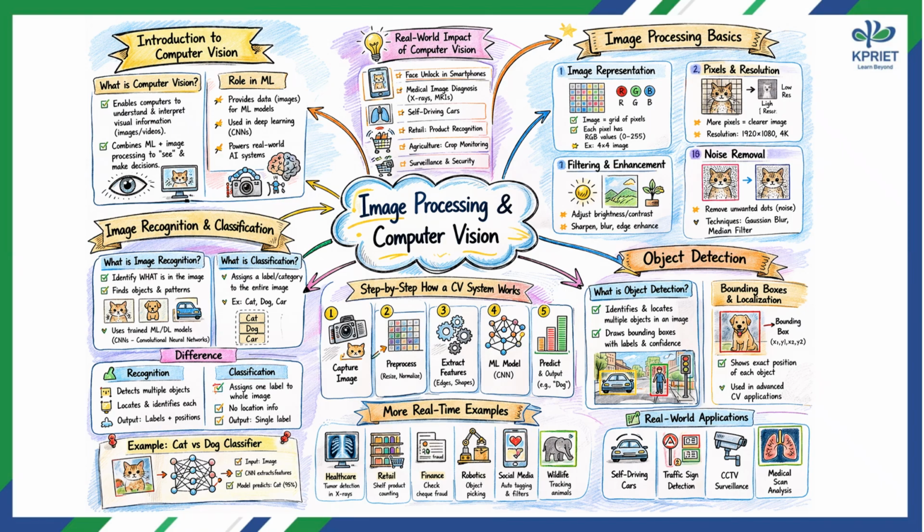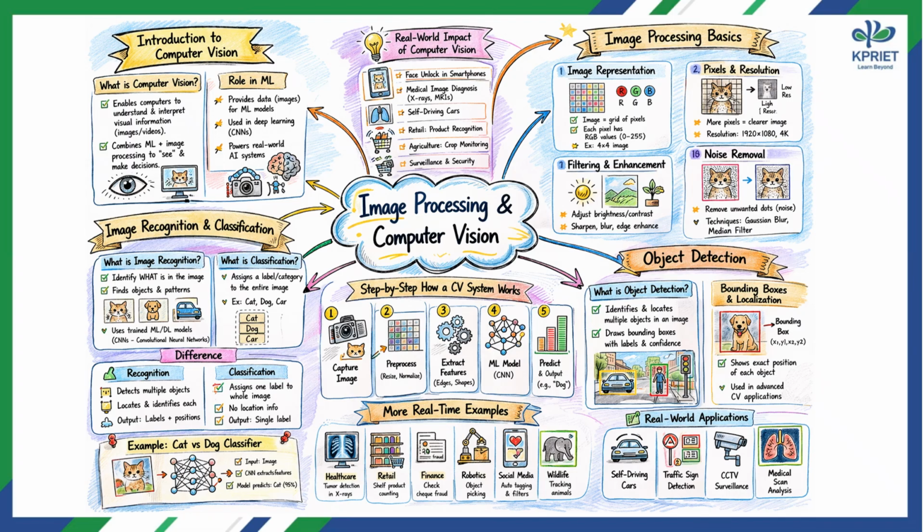The working is more or less the same as that of image processing, but image processing is done only in the initial phase of the computer vision system. The image is captured and pre-processed, and the features are extracted from the images. These features are either global features or local features, such as edges and shapes.